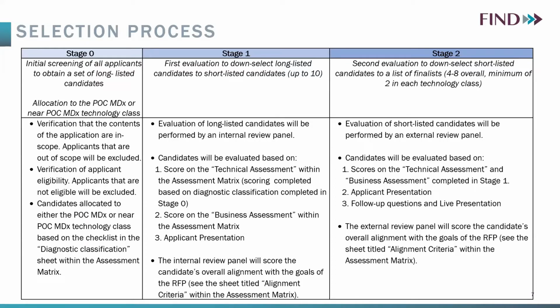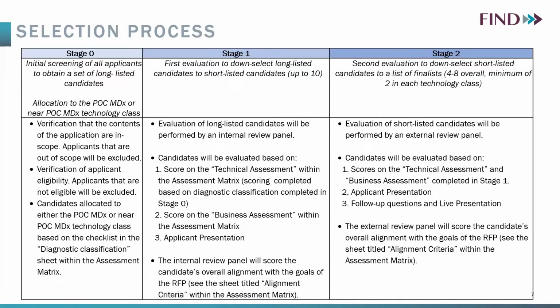During stage 1, we will then evaluate the long-listed candidates, and this will be performed by an internal review panel at FIND. The candidates will be evaluated on 3 areas. The first one is the technical assessment matrix, which will be scored. The second one is the business assessment matrix, which will be scored.